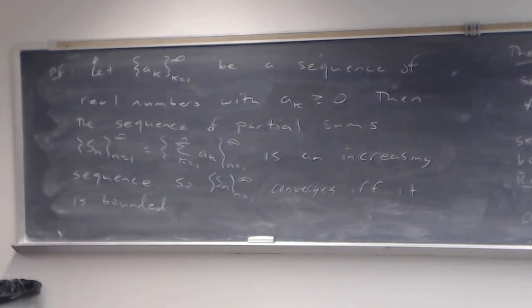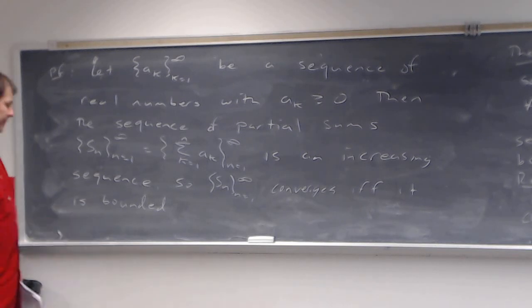Remember what it means for the series to converge. The series will converge if and only if its sequence of partial sums converges. And so this sequence of partial sums will converge if and only if they're bounded.